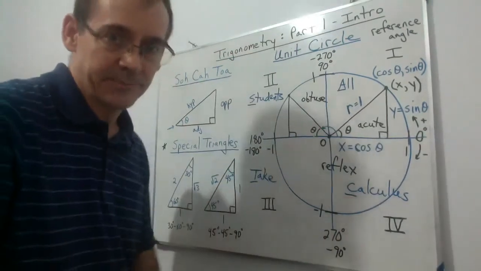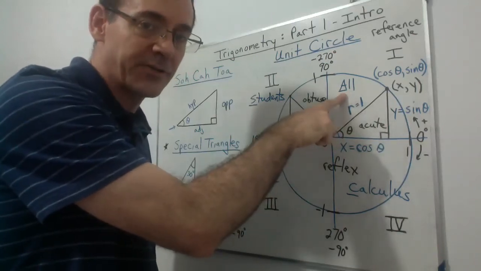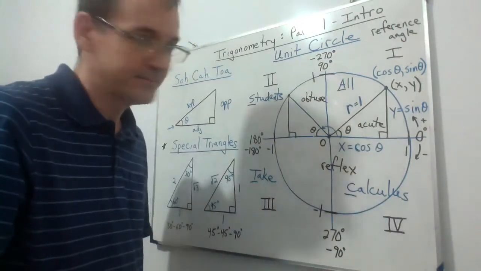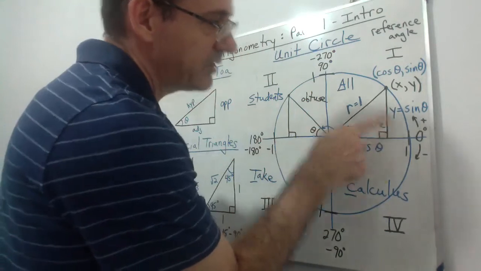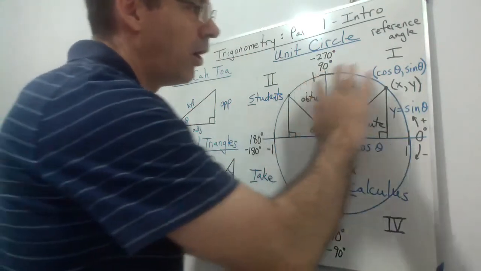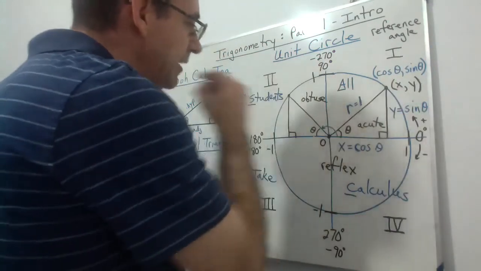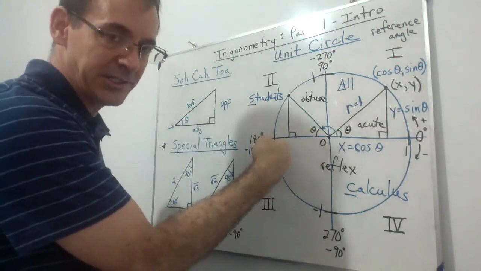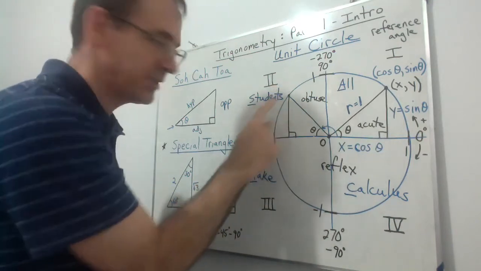Now what does this mean? This means the A, the all trigonometric functions are positive in the first quadrant. So notice on the x-axis, we're going in the positive direction, and in the y-axis, we're going in the positive direction. All are positive in the first quadrant. When we get over to the second quadrant, notice your x-axis is now going in the negative direction, but the y-axis is going in the positive direction.